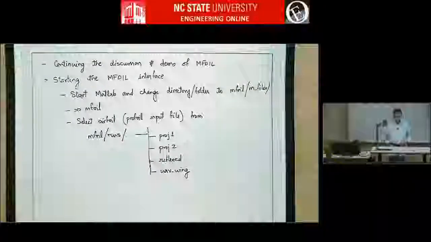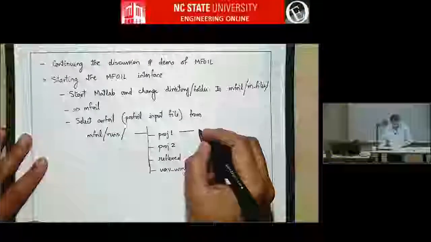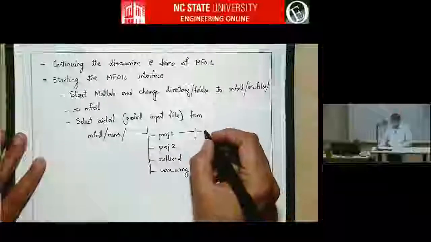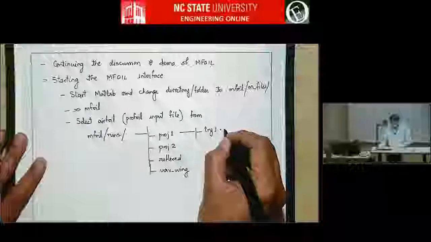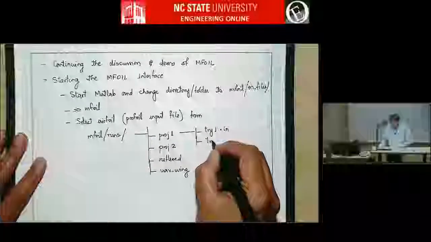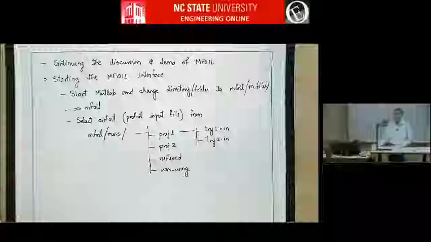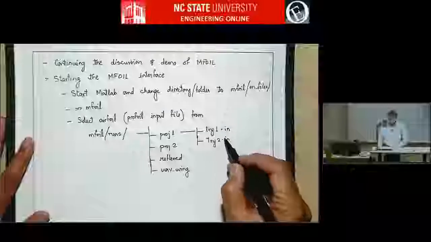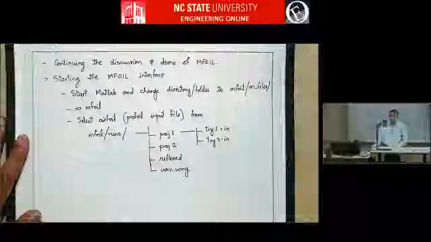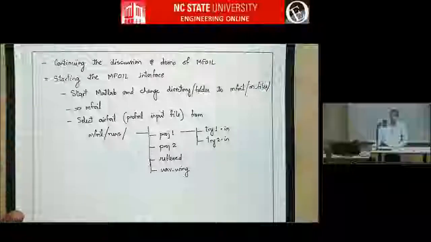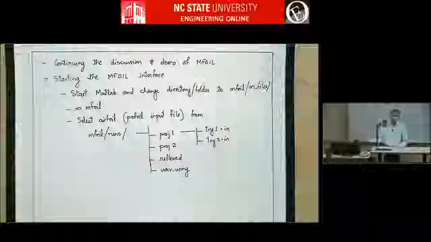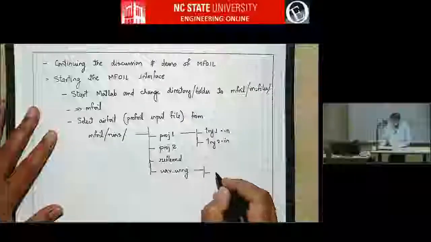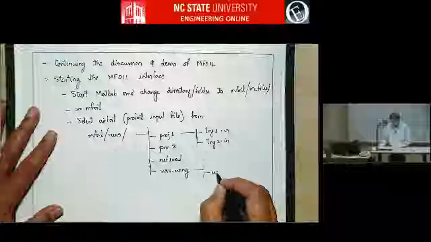Project 1 might be your real project 1, and you might have various attempts, something called try 1 or attempt 1. It's just your own bookkeeping. And these .in files are the input files for Profoil. You can call them anything, but I usually call them .in because they are input files for Profoil. Like that, the UAV wing might have your own files called UAV.